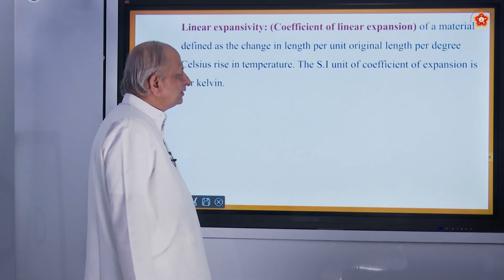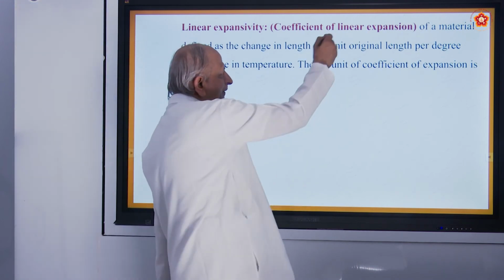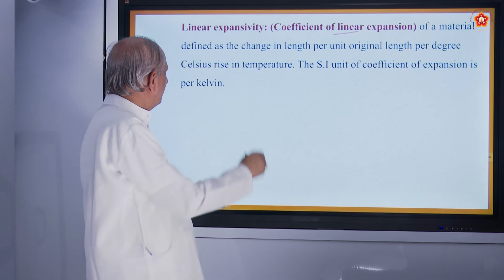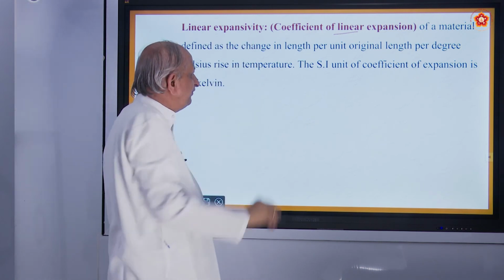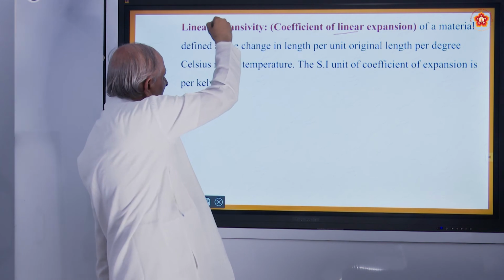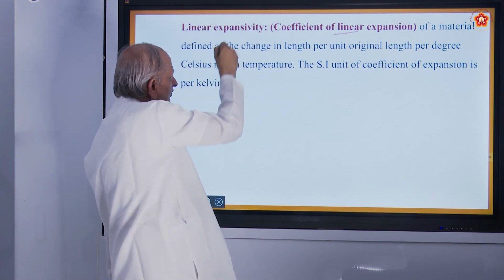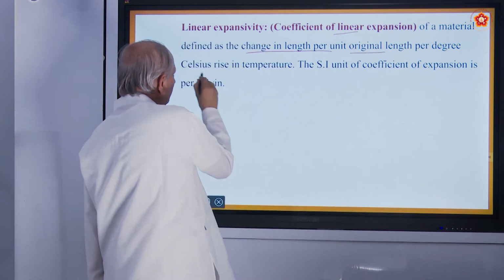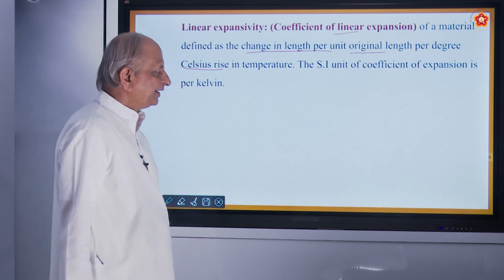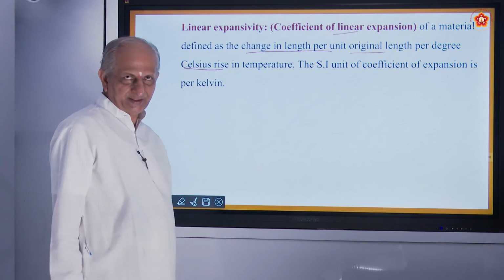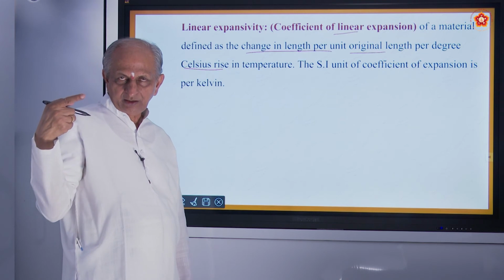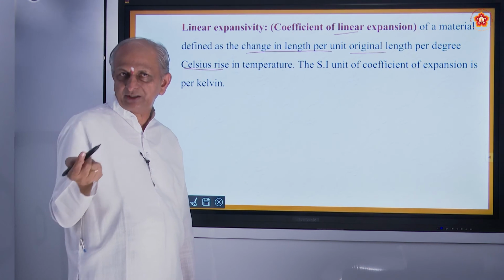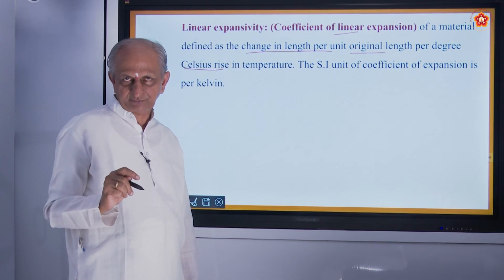And the linear expansion means increasing length of a material. Define the linear expansivity. The linear expansivity is the change in length per unit original length per degree Celsius rise in temperature. Means if you take any material, say steel or aluminum or brass or anything like that, if you heat it, what happens?